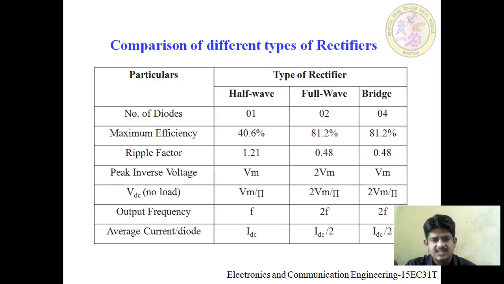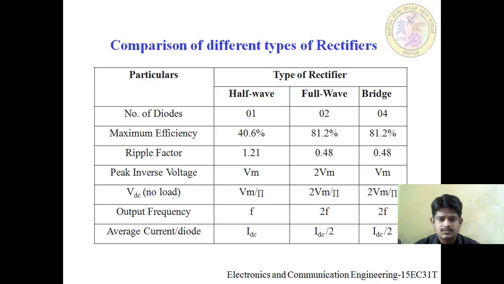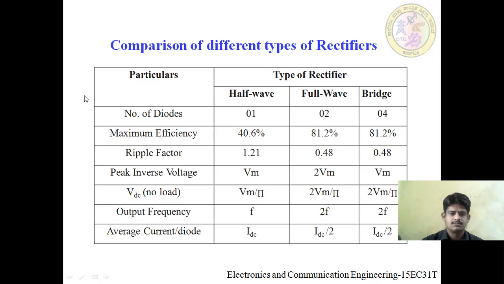So this is the chart which gives the complete picture of our rectifier types. I'll make my video smaller so that you can easily see this complete chart. If you remember this chart, you have almost covered the types of rectifier.